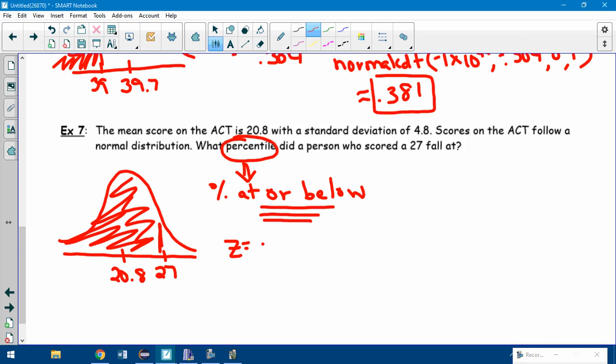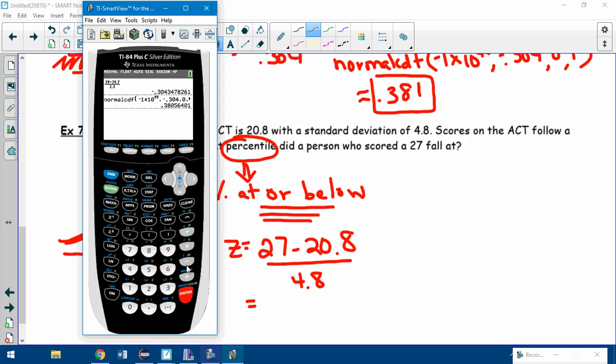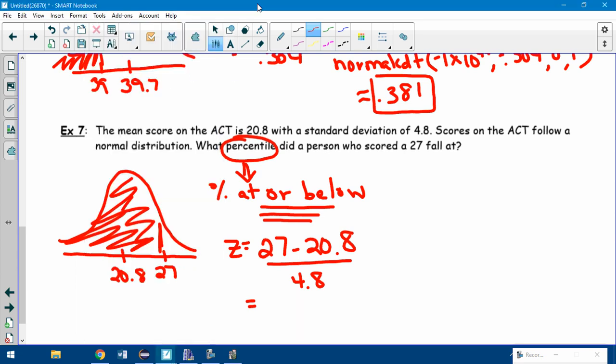Find your z-score. So observed minus the mean over the standard deviation. Let's see what that comes out to be. 27 minus 20.8 divided by a standard deviation of 4.8 gets me 1.292.